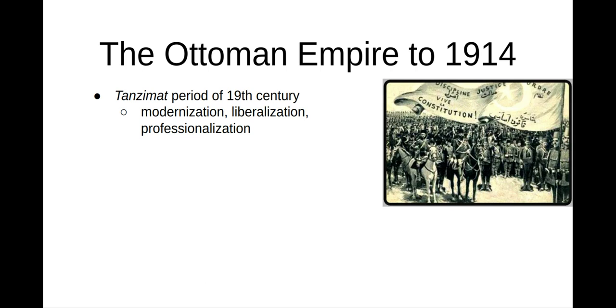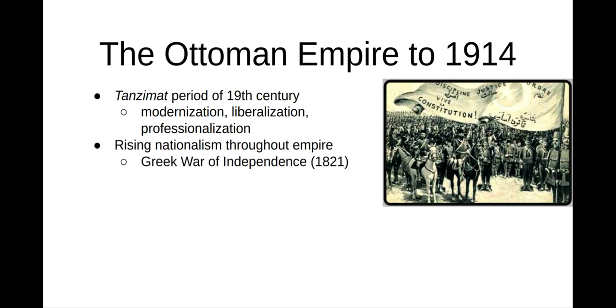They start to create factories. They start to establish some form of industrial system. They liberalize a lot of their social policies, in line with how democratization and liberalization in Europe in general was proceeding at that time. Professionalization of not only the military but professionalization in all walks of life occurred.